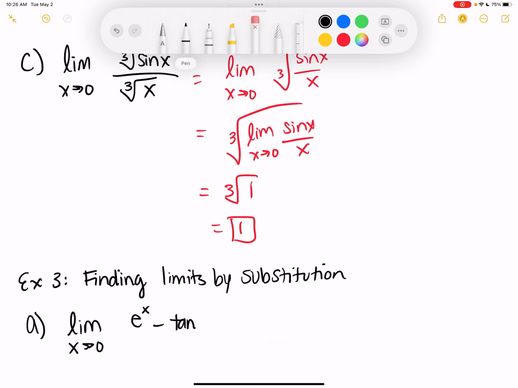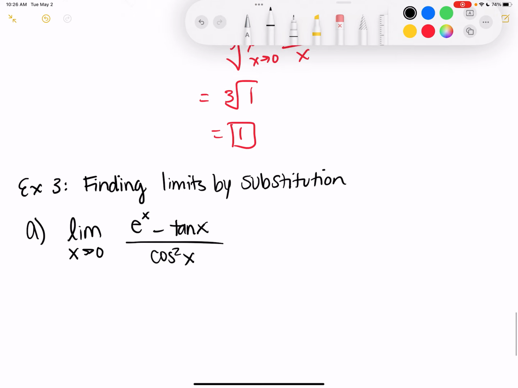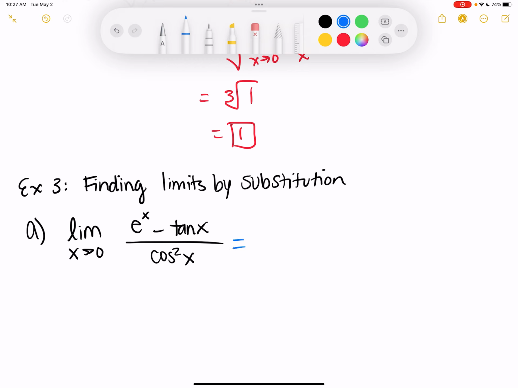Whoops, not tangent, raised to the x. Tangent of x over cosine squared of x. So now it may not be super recognizable, but these functions are continuous. So I am going to split this.